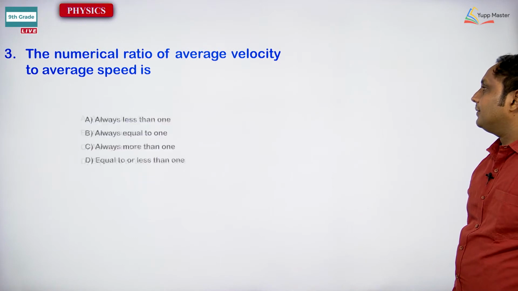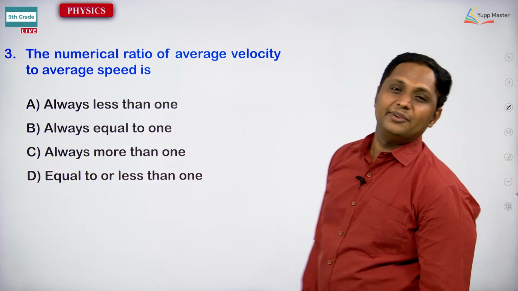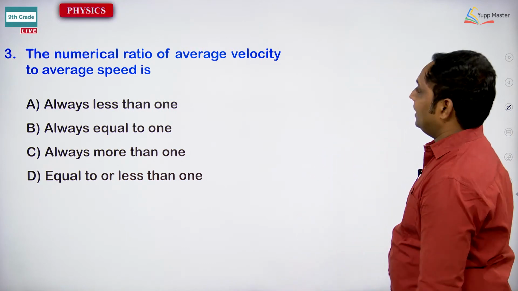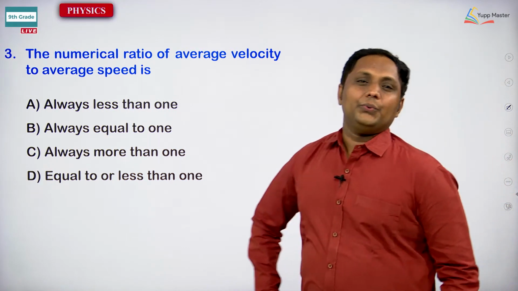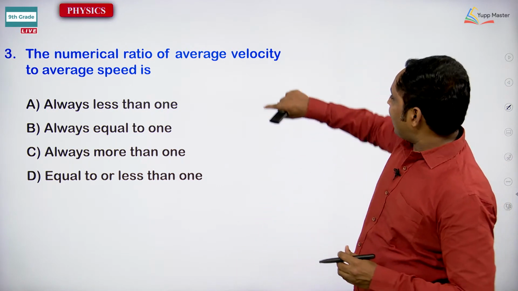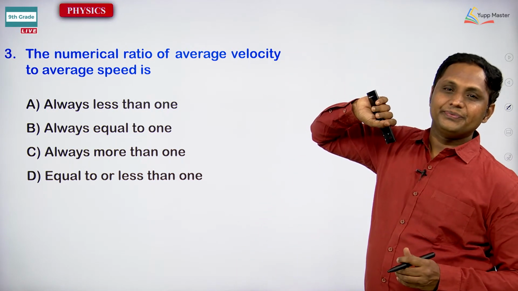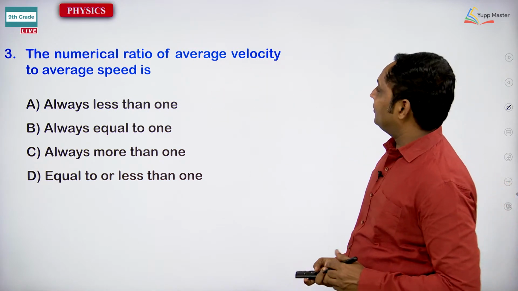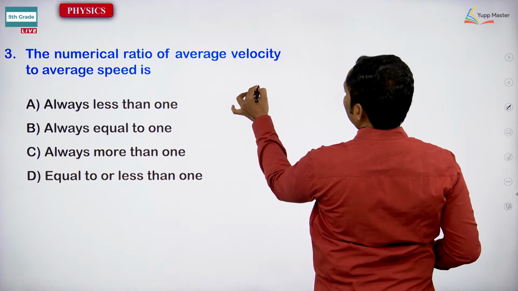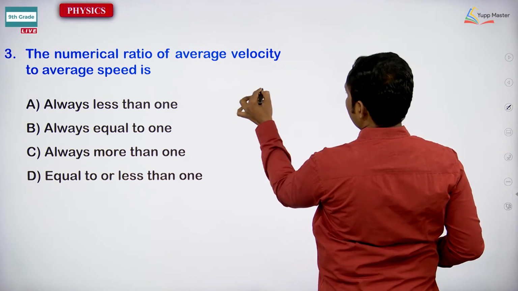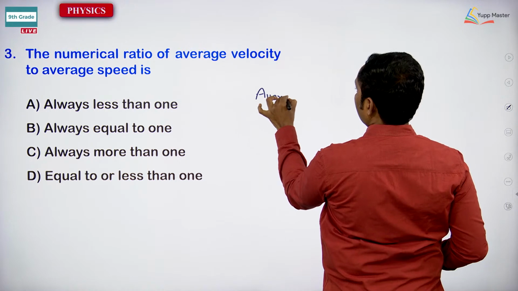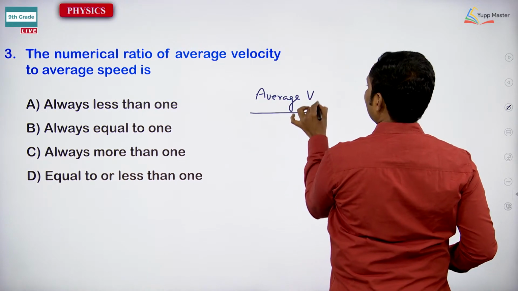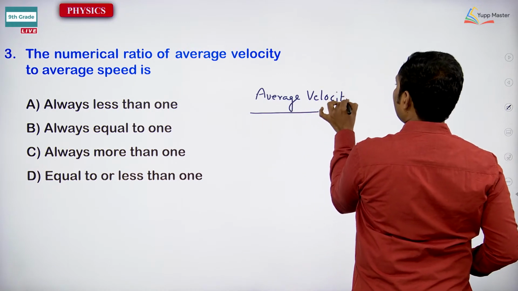It's very clear. The numerical ratio of average velocity and average speed. While you are going to take that average velocity and average speed, the ratio is going to be average velocity over average speed.